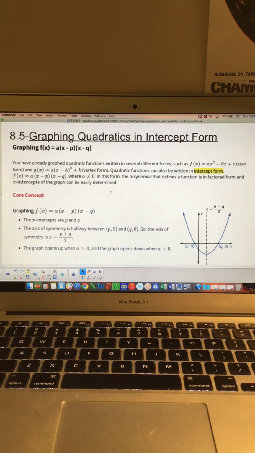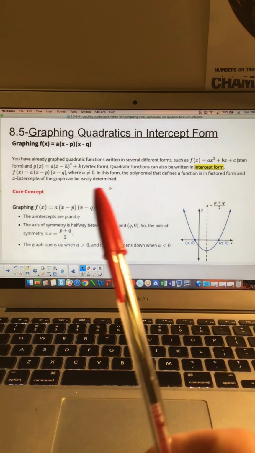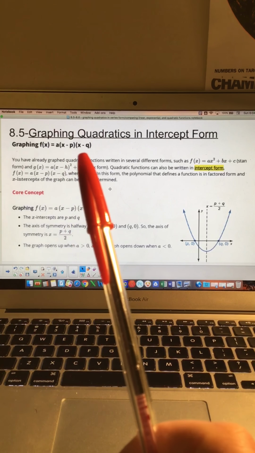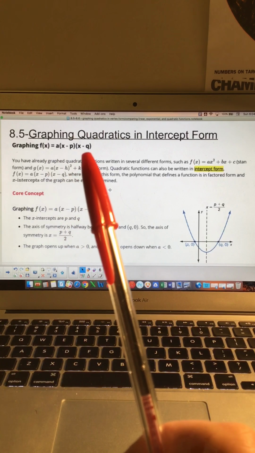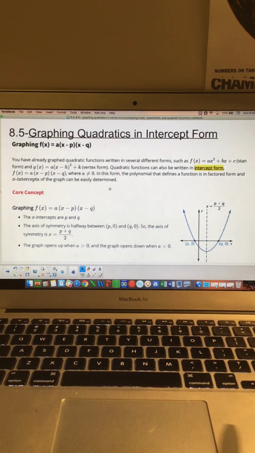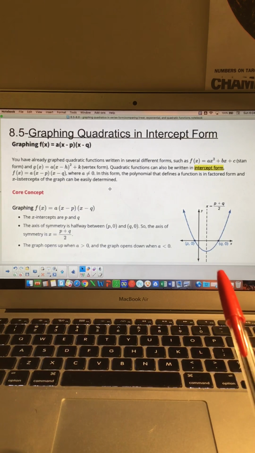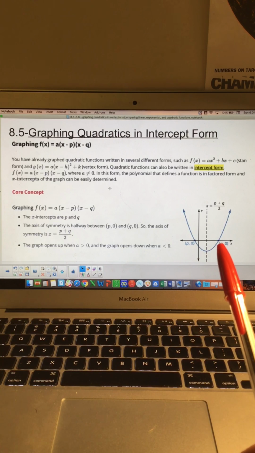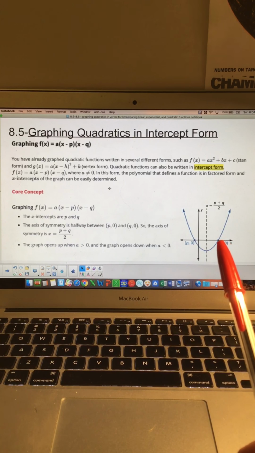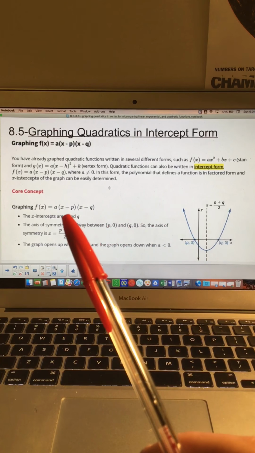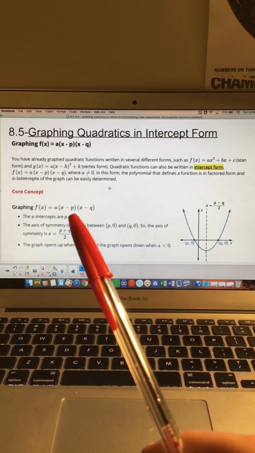So intercept form is written a little differently, as you see up here. Obviously, in vertex form, we can easily find the vertex. In intercept form, we're going to be able to find the intercepts. This allows us to figure out where the graph crosses the x-axis. You'll notice the numbers in place of p and q.